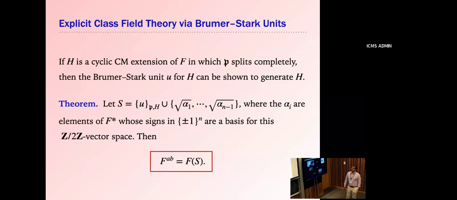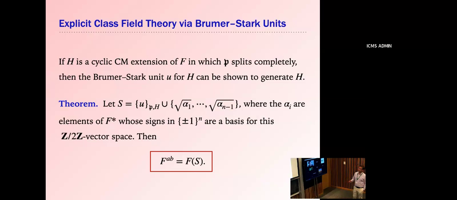Mahesh and I proved this as a lemma in one of our papers, though I think it is probably well known: if H is a cyclic CM extension in which P splits completely, then the Brumer-Stark unit u, which I haven't defined yet but will in a moment, is a certain unit in H, and it can be shown to generate H. I should have defined it first, but I wanted to make the connection to explicit class field theory as quickly as possible.